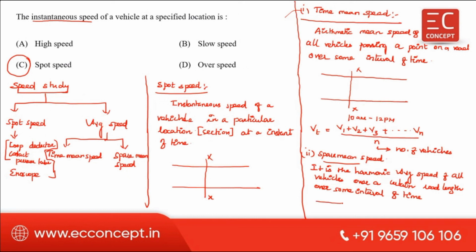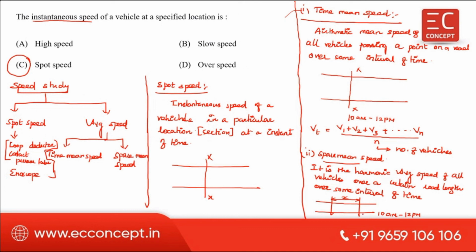So this is the road stretch. In the case of space mean speed, we take a space, a distance x, for example 1 kilometer. In that, you have to find the space mean speed of vehicles, for example from 10 a.m. to 12 p.m.